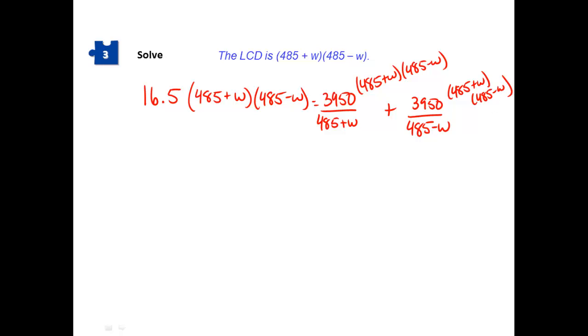Okay, so remember I said these numbers are getting a little bit big, but we have our calculators, so we'll be okay. Okay, so let's start on the left. Nothing over here is going to cross out. So we have 6.5 times, okay, let's multiply these. This times this is 235,225. Our middle terms are going to cross out. We have 1 plus 1 minus, and then we're going to get minus w squared.